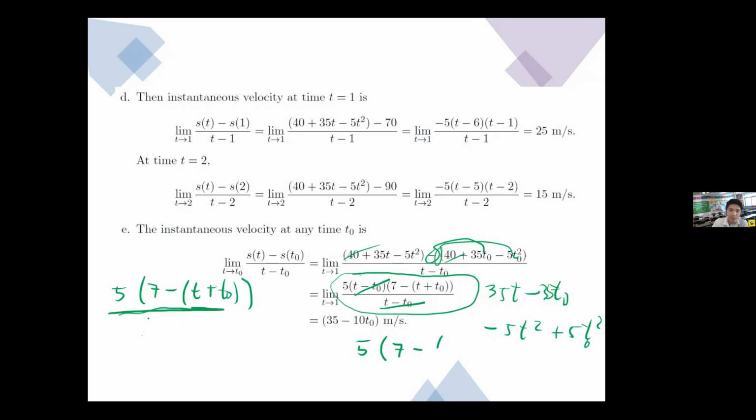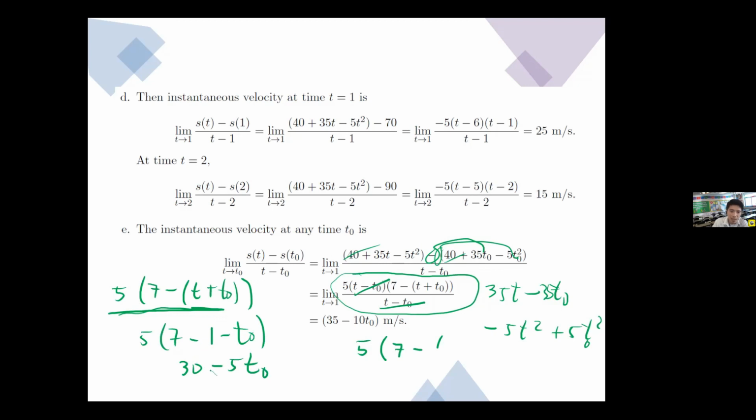So 5 tapos 7 minus 1 minus t sub 0. So this should be 7 minus 1, 30 minus 5t sub 0 dapat.